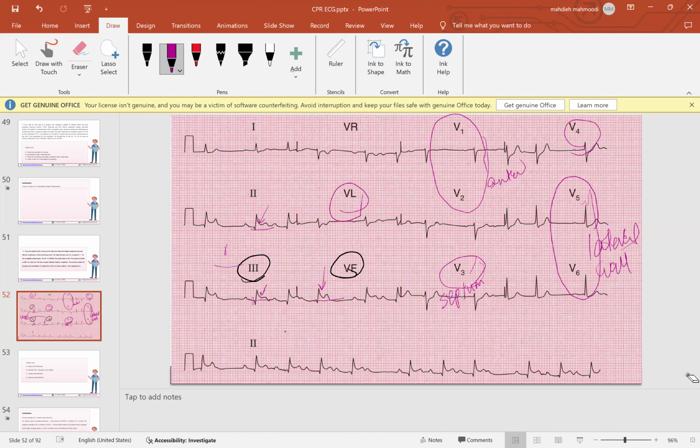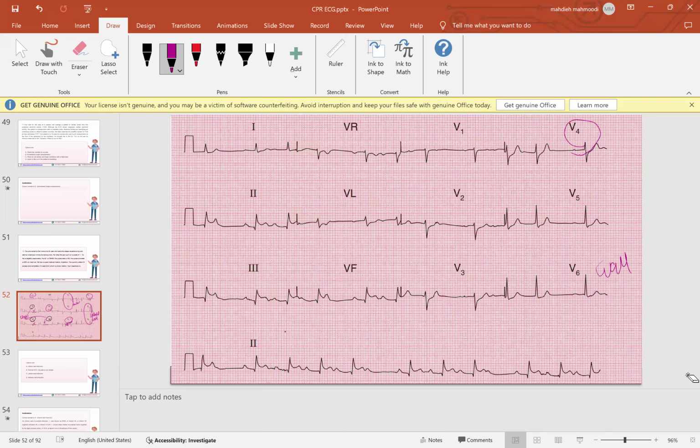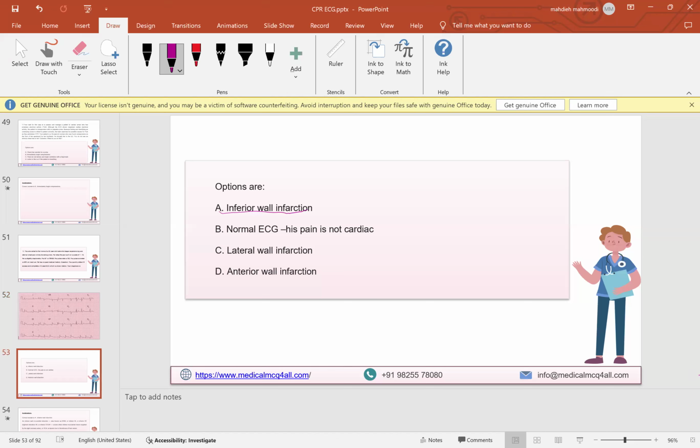You also have non-STEMIs, which means the ECG changes are non-specific, like ST segment depression or T-wave inversion, but your troponin is positive, which means you had the infarction, which means heart cells died, burst open, and enzymes within the cells are now in the blood. That's why you can trace them. Very good. So the diagnosis would be inferior wall infarction.